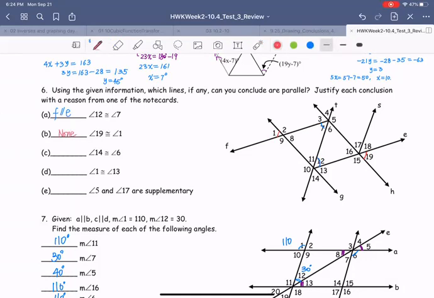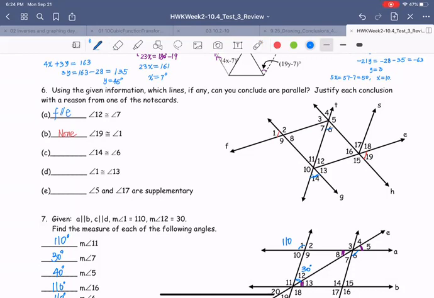Let's see, angle 14 and angle 6. I can erase the previous thing. Angle 14 and angle 6.